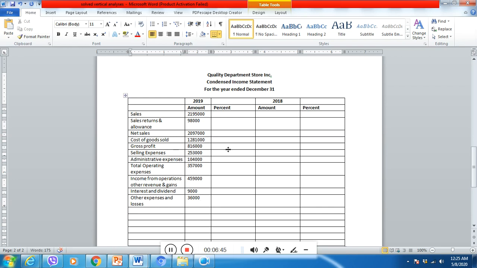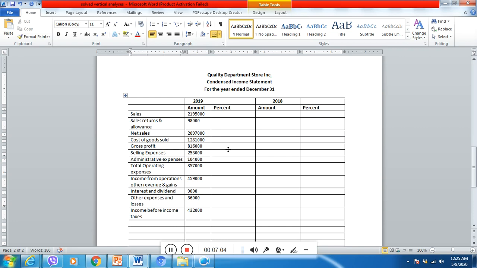Income before income taxes, and the value of income before income taxes is 432,000.